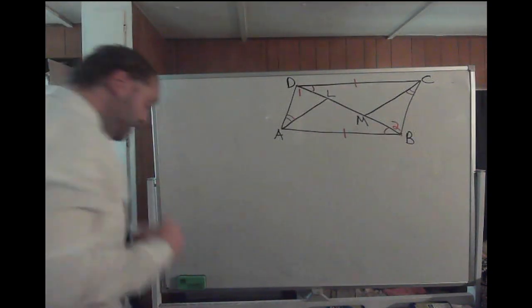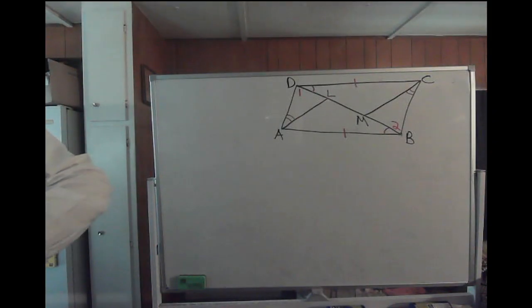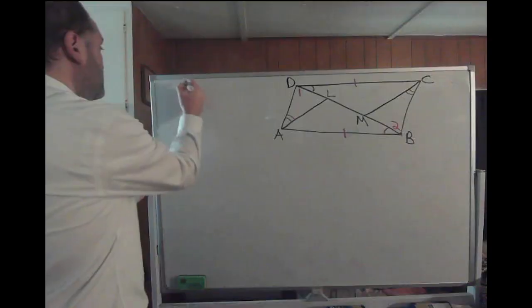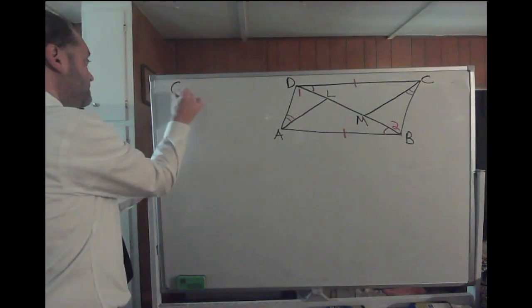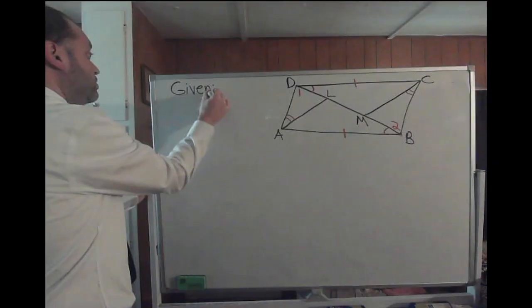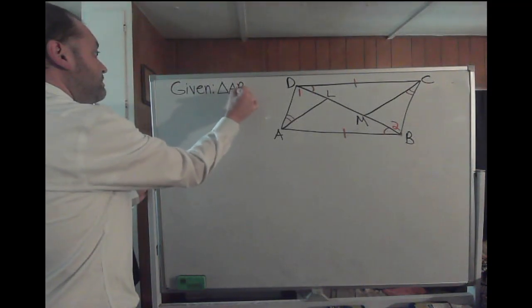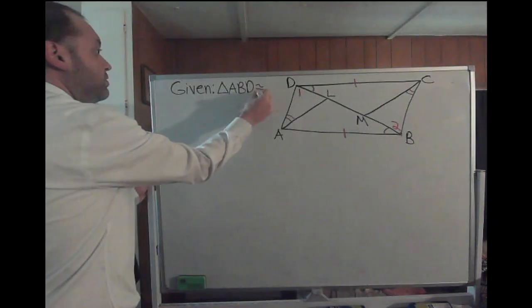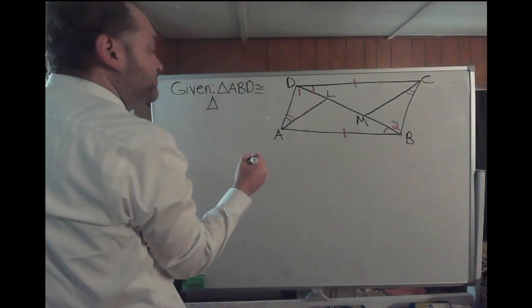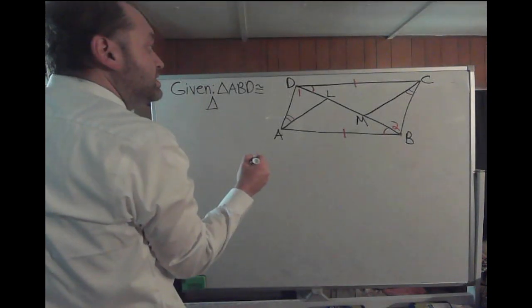Let's see what we were given first. What have we been given? We are given that triangle ABD is congruent to triangle CDB.